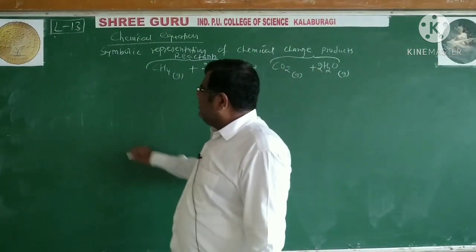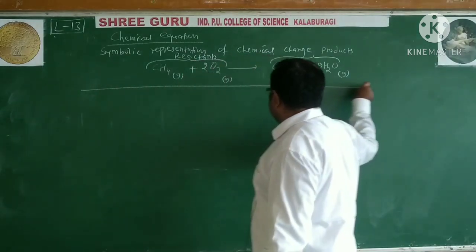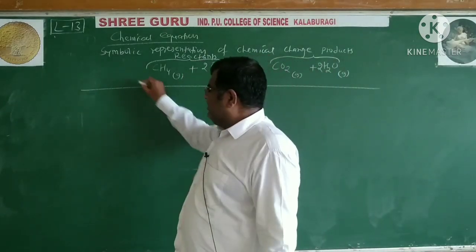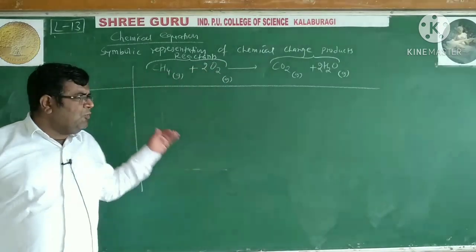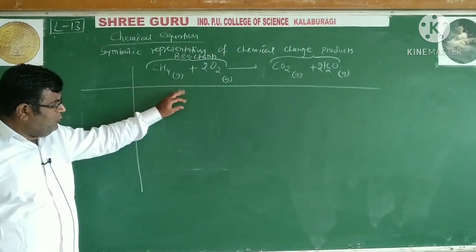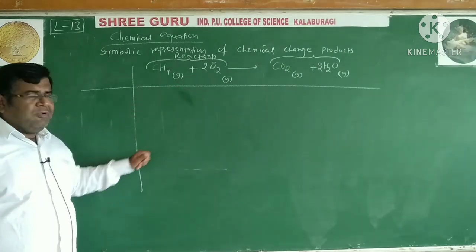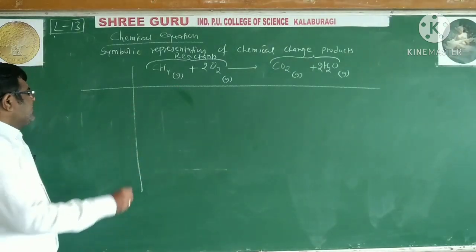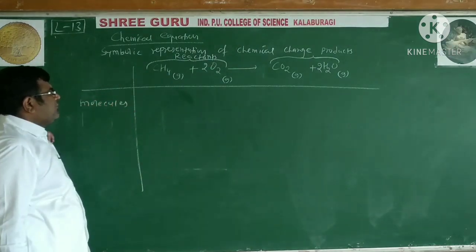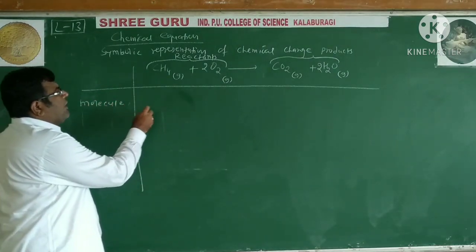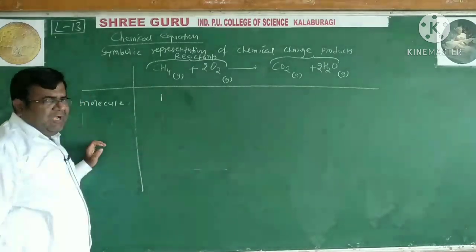But what are the things about which this chemical equation gives us information? It gives information about various things if you are able to read it correctly. For example, this equation tells us that one molecule of methane, why we say one?